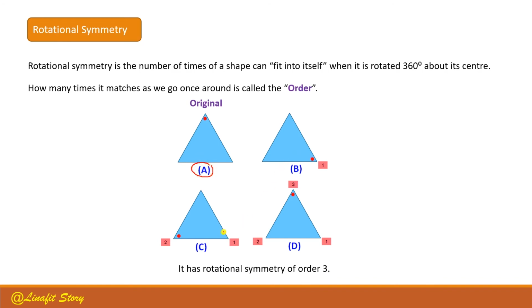B, C, and D are generated by rotating the original image A. So this equilateral triangle has rotational symmetry of order 3. This is the original, and then we rotate it. This is the first. It fits into itself. This is the second. So the shape still fits into itself. And then here is the third.